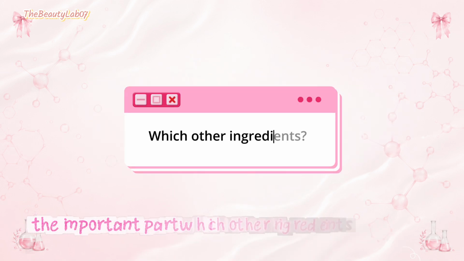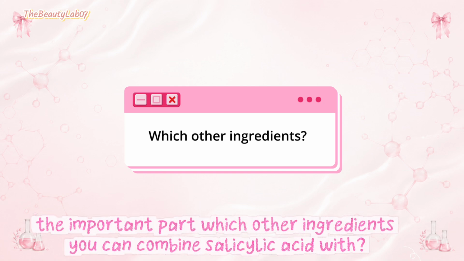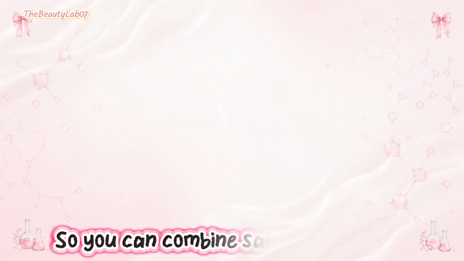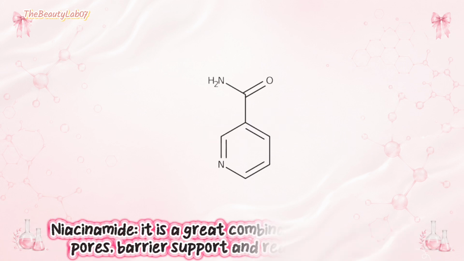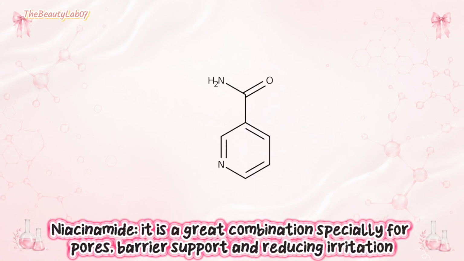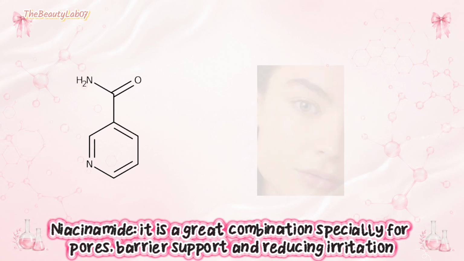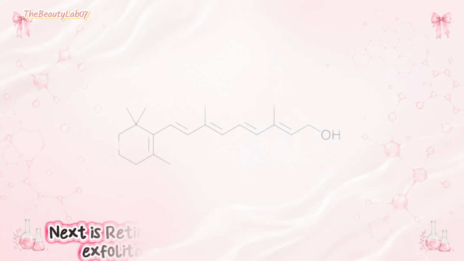The important part: which other ingredients can you combine salicylic acid with? You can combine salicylic acid with niacinamide. It is a great combination, especially for pores, barrier support, and reducing irritation. Next is retinoids.